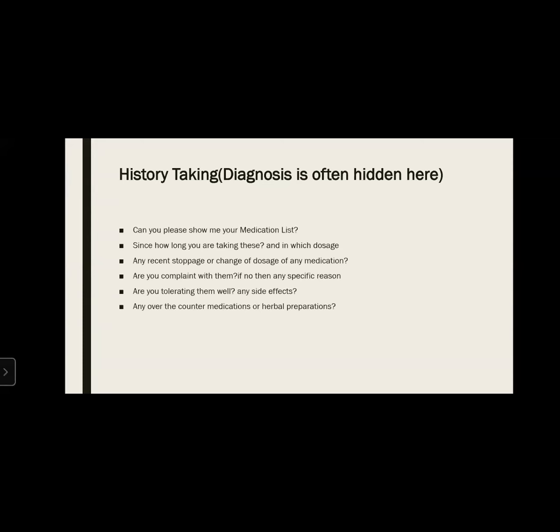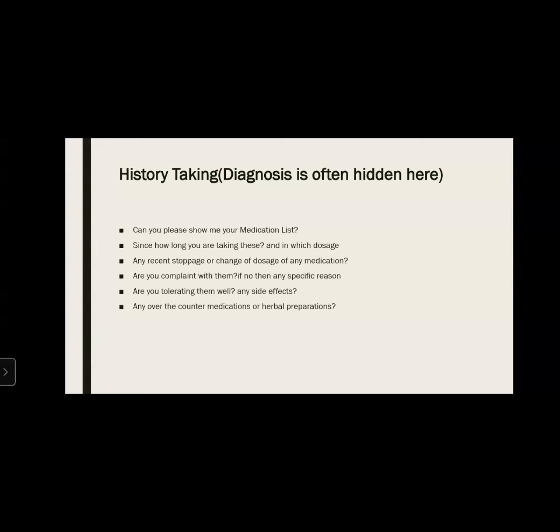Maybe he is not taking the appropriate dose. He may tell you, doctor, I am taking this medication for the last 1 day, or for the last 10 years. That is important, because a medication taken for 10 years may be leading to some grave side effects, or a medication may have been started just 1 day back. So it depends on your scenario.